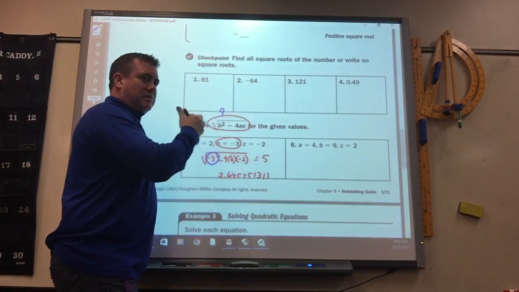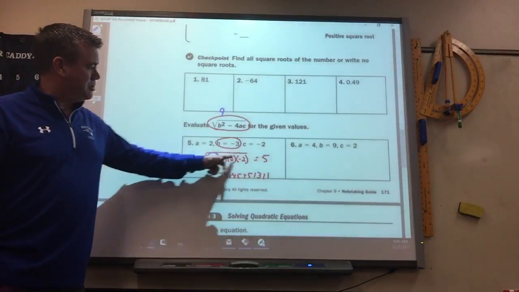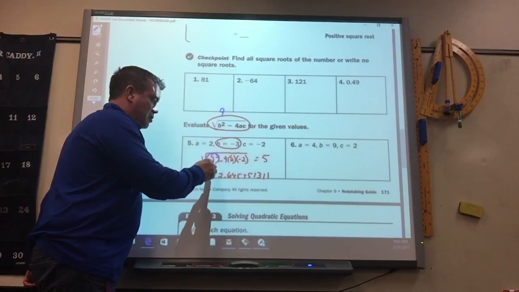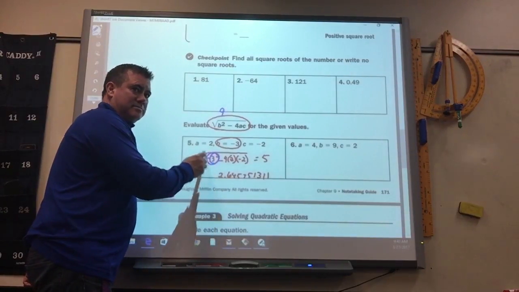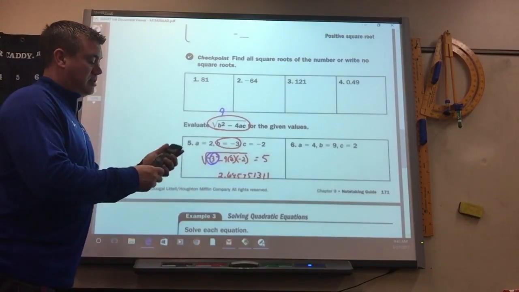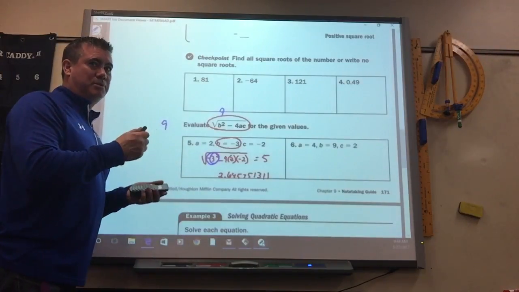Positive 9, right? Negative 3 times negative 3 is positive 9. If you punch it in just like this in the calculator, this one follows the rules like we just learned. It only squares the 3 and it keeps that negative. When I use these small calculators, if I put in negative 3 squared, it does give me 9. I don't need to put parentheses.